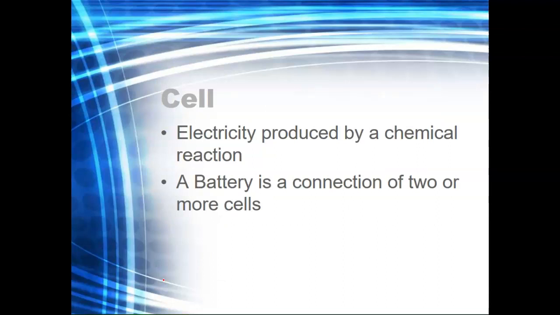So when it comes to electricity, the very first thing we ever found was what is known as a battery or a cell. This is where it is produced by a chemical reaction. So what is in a battery that causes a chemical reaction?